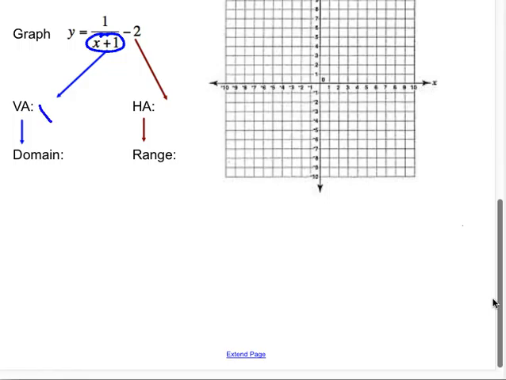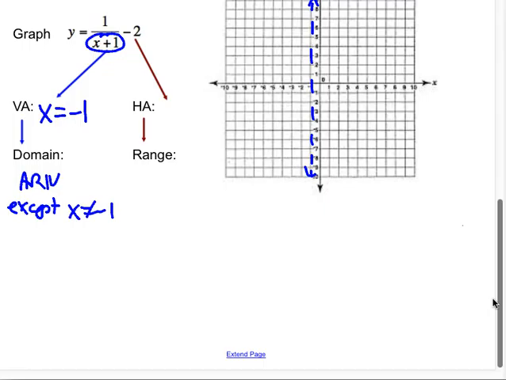So what that means, my vertical asymptote is sitting at x equals -1. Okay, meaning my domain is going to be all real numbers except that x equals -1.